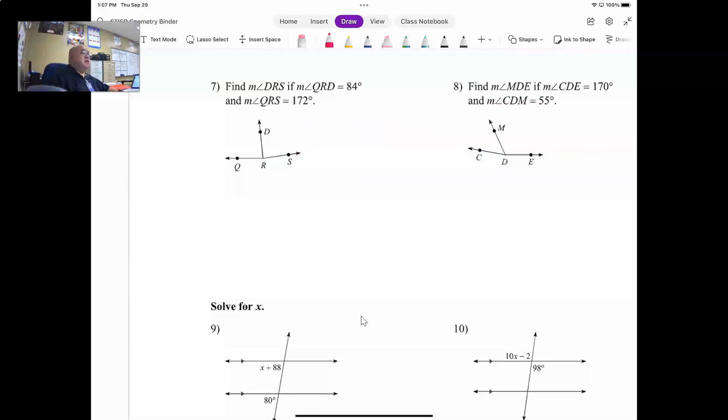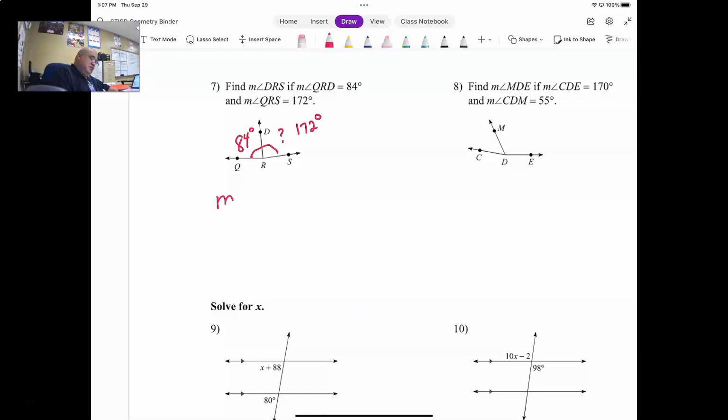Number 7, find the measure of angle DRS, so this is a question mark. We know that the measure of angle QRD is 84. And I know that the measurement of QRS, which is this entire angle, is 172 degrees.